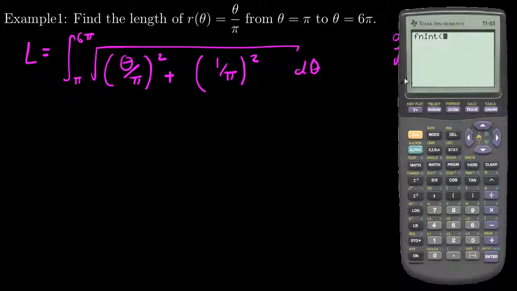So math 9, the integral of the square root of x over pi, quantity squared, plus 1 over pi, quantity squared, dx from pi to 6 pi. It might take a few seconds, not too long. 55.261.